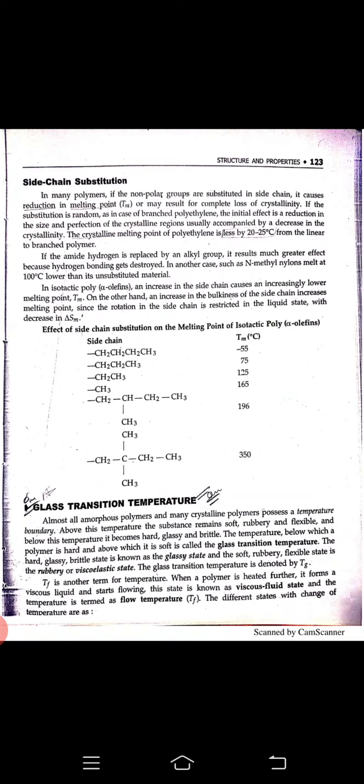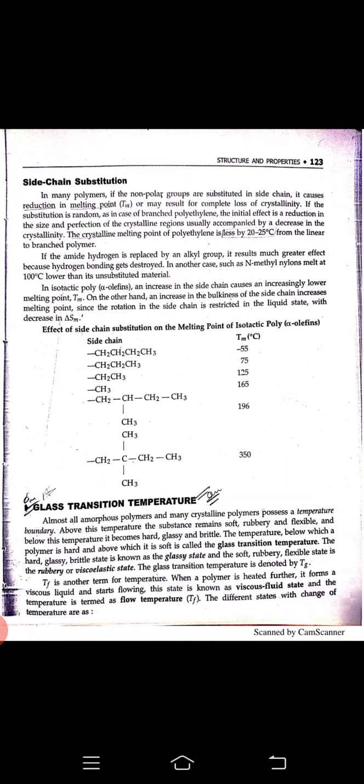If the substitution is random, as in the case of branched polyethylene, the initial effect is a reduction in the size and perfection of the crystalline region, usually accompanied by a decrease in crystallinity. The crystalline melting point of polyethylene is lower by 20 to 25 degrees centigrade from the linear to the branched polymer.